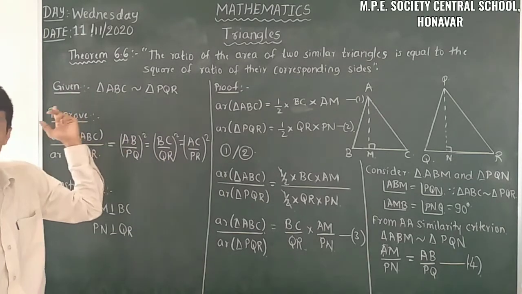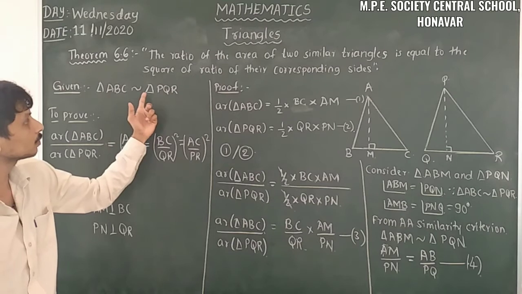Here we know that triangle ABC is similar to triangle PQR.